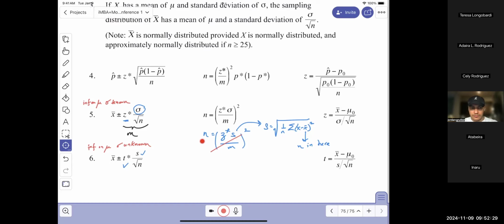We have an isolated n. You could use this, like a computer software would be able to estimate this by iterating and trying to balance the equations, taking different results, getting different X bars. I don't know. It would be an estimation exercise. But this one uses the true sigma.